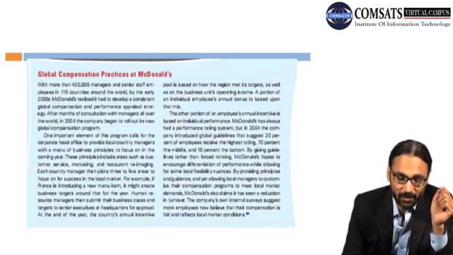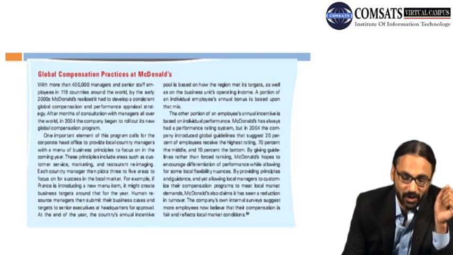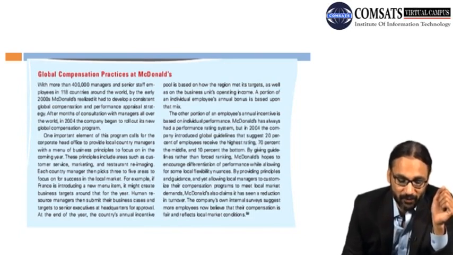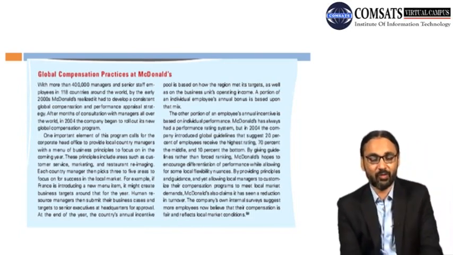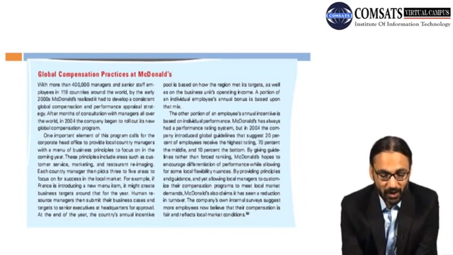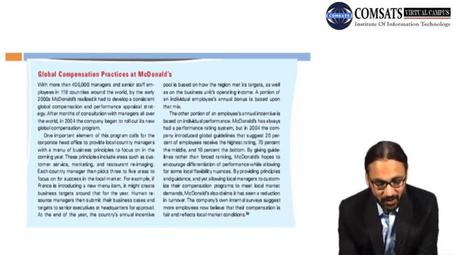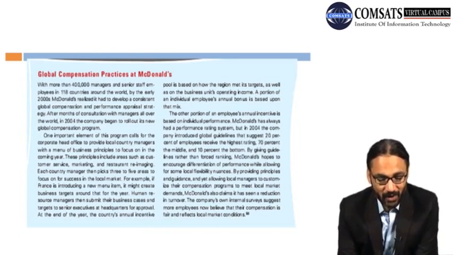Each country manager then picks 3 to 5 areas to focus on for success in the local market. If, for example, France is introducing a new menu item, it might create business targets around that for the year. Human resource managers then submit their business cases and targets to senior executives at headquarters for approval.